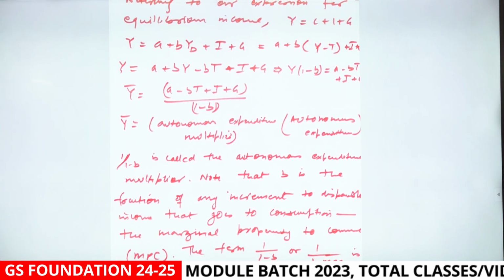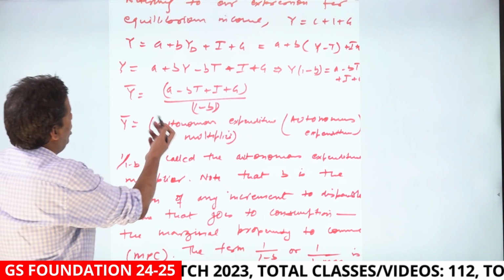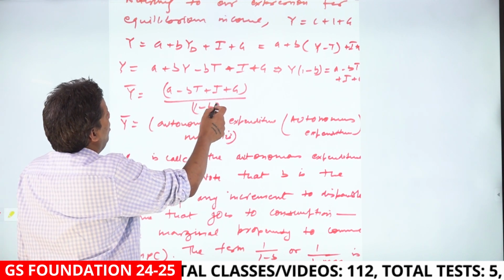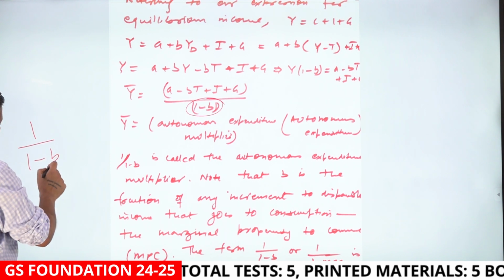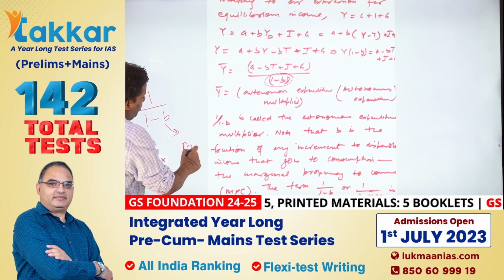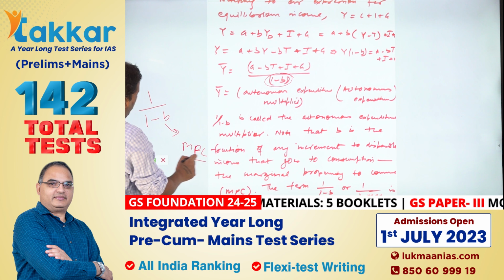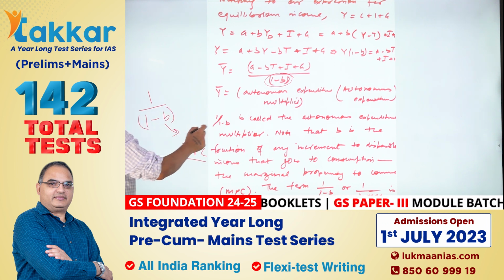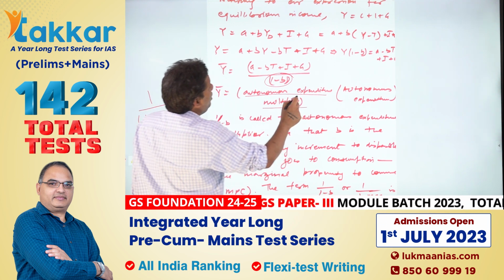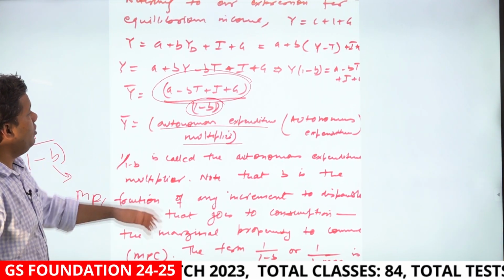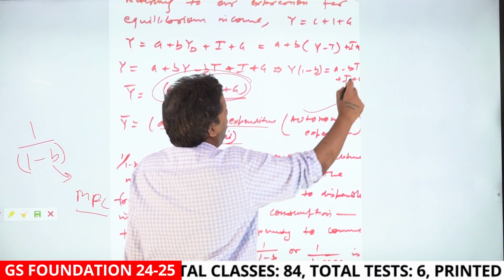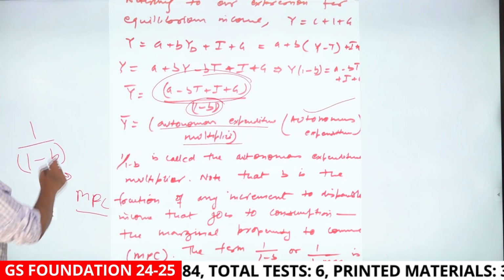This thing is called, generally in textbooks you will find, 1 upon 1 minus b, where b is nothing but the marginal propensity to consume. It is called the autonomous expenditure multiplier, and this part, A minus bT plus I plus G, is called autonomous expenditure. So please keep this in mind.